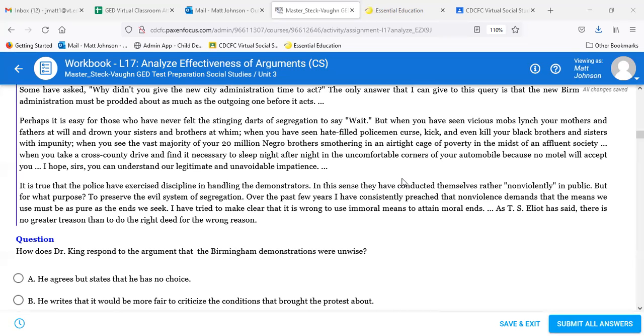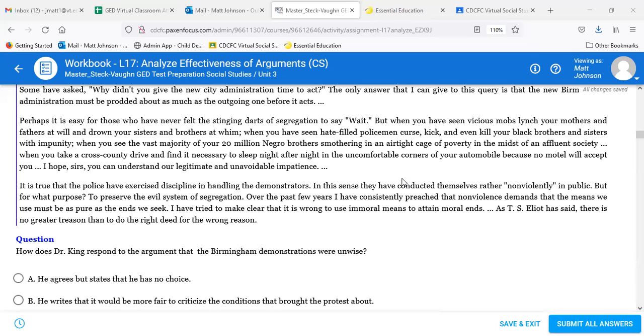It is true that the police have exercised discipline in handling the demonstrators. In this sense, they have conducted themselves rather non-violently in public. But for what purpose? To preserve the evil system of segregation.